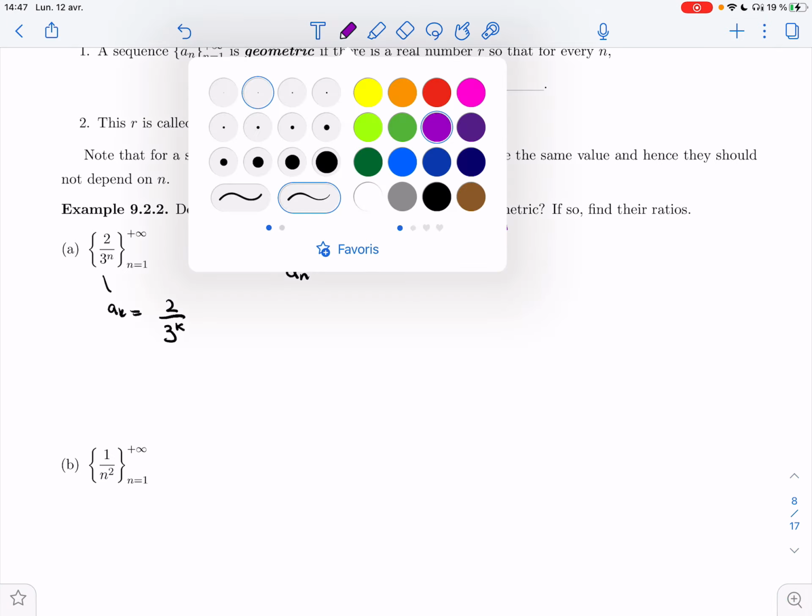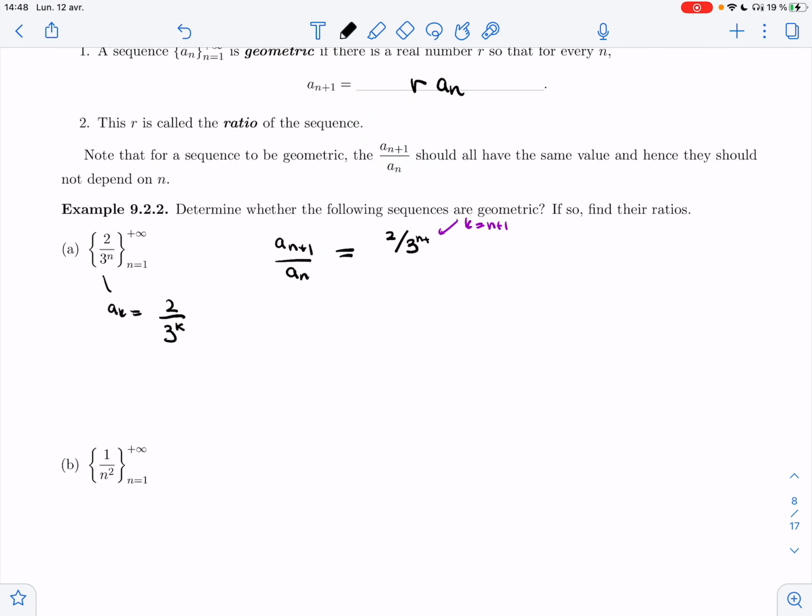So I'm going to get 2 over 3 to the n plus 1. I like to write it like this, and you'll see why in a second. I'm going to put a big line, and then I'm going to put 2 over 3 to the n underneath. I like it like this because it makes it clear that I'm taking a fraction of these two ratios. Often if you have a fraction over a fraction over a fraction, the notation gets confused, and I know some of you made that mistake on the test.